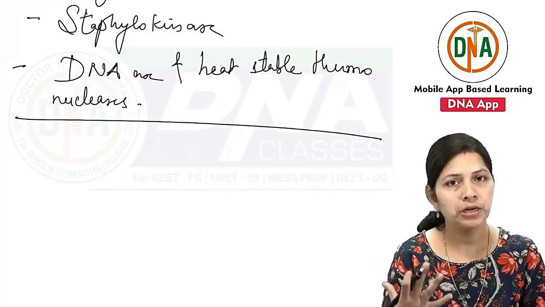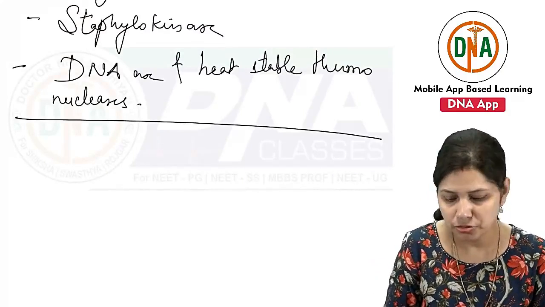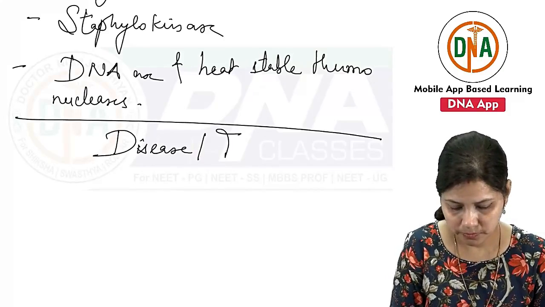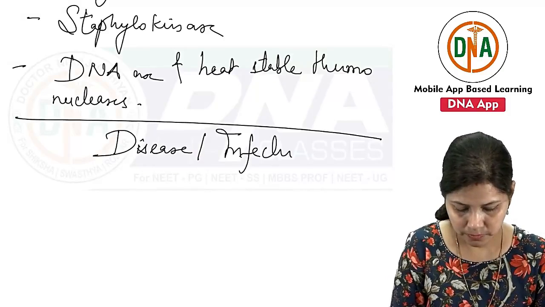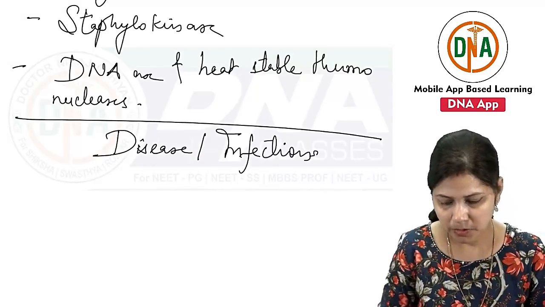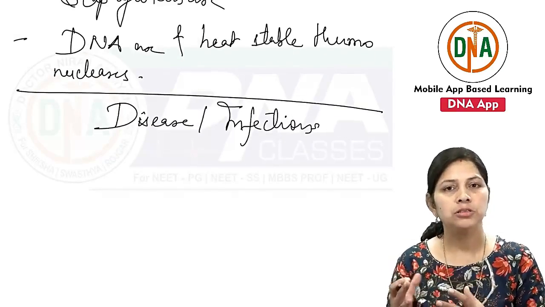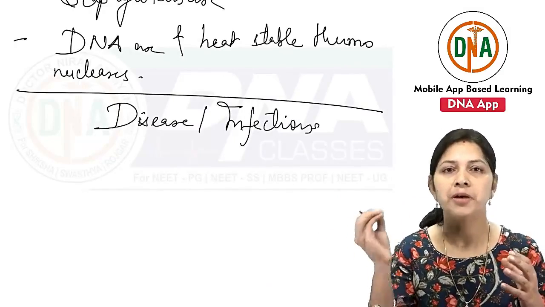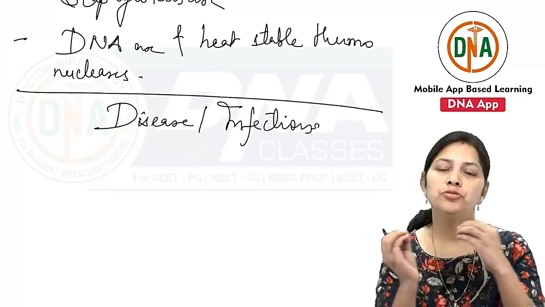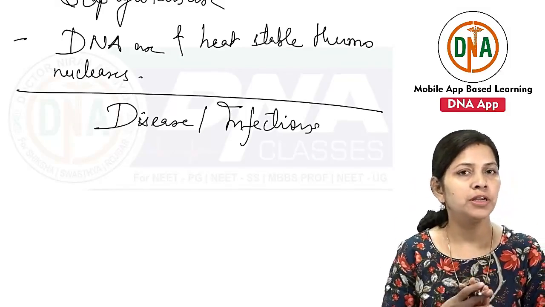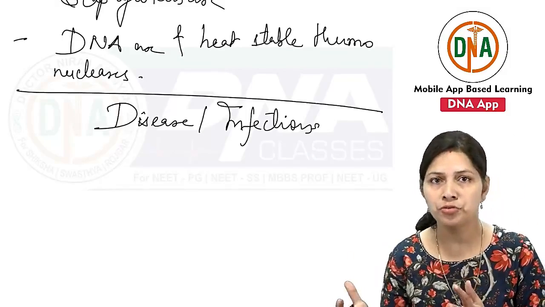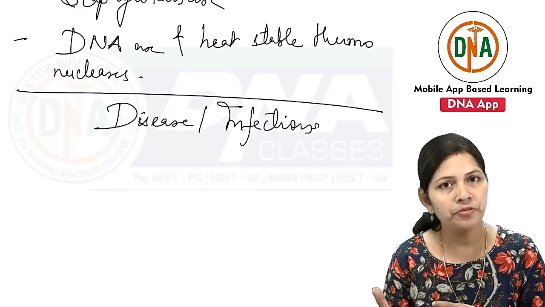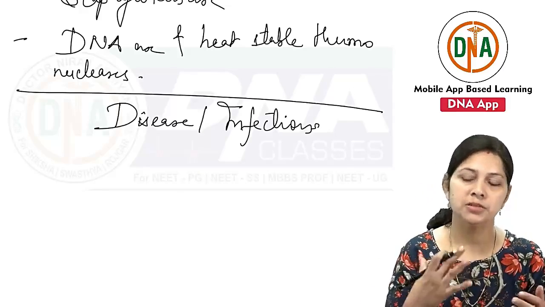And coming to the important infections or diseases associated. Okay, so it can cause a range of diseases or infections, starting from mild skin infections to severe systemic involvement in the form of toxic shock syndrome or various systemic infections like bloodborne infections, septicemia, meningitis, pneumonia.